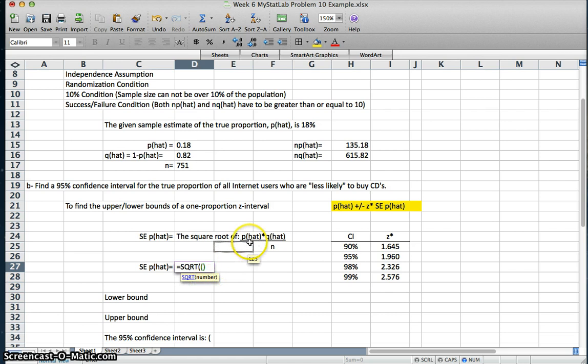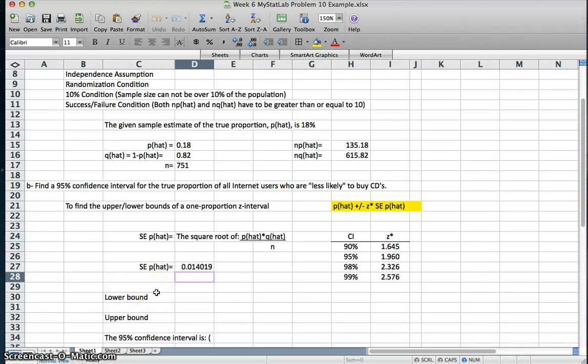So the top part of p hat times q hat, so p hat times q hat, I'm going to close those parentheses, divided by n, which is here, and hit enter. And there we have it. There's the standard error of p hat at 0.14019.